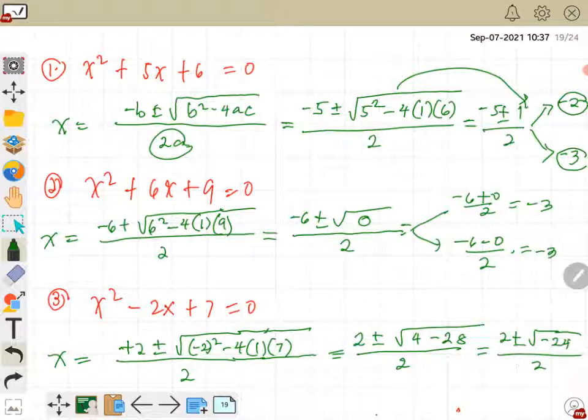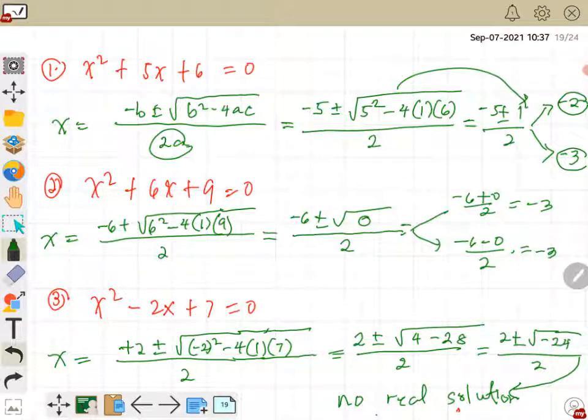You cannot actually get the square root of a negative number. You can actually get it, but not in real number terms, not in the world of real numbers. Since the number inside the square root sign is negative 24, this means that there is no real solution.